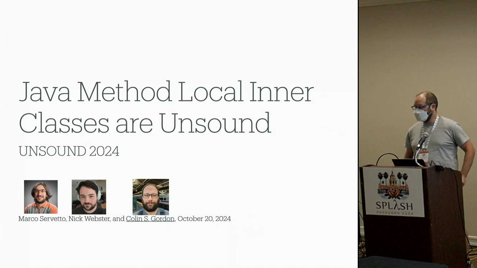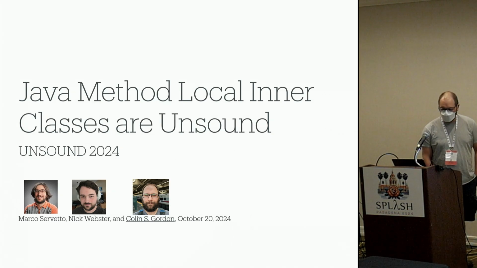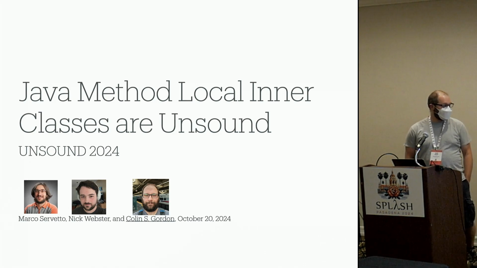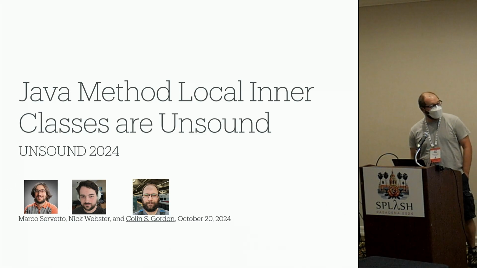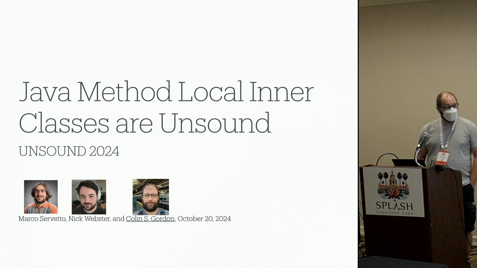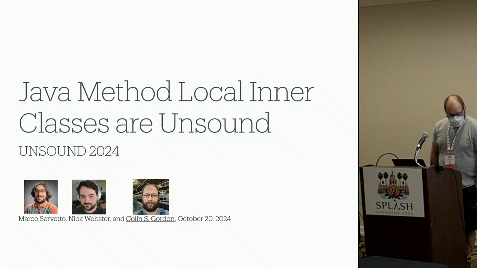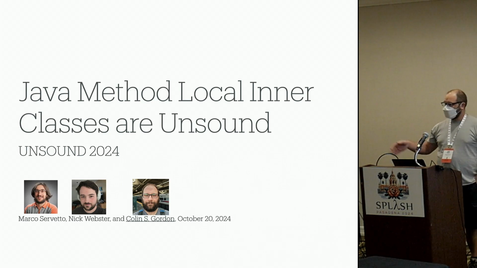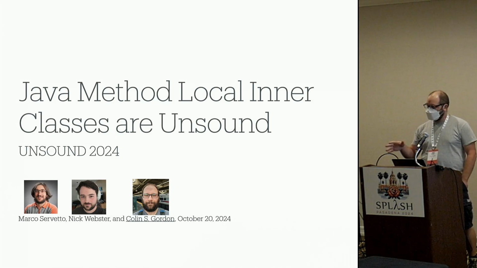So I'm going to talk today about something that we stumbled across in some work I'm doing with Marco and Nick, who are on the slide here but couldn't be here in person today, along with a few other folks. The context for this is basically we are working on an interesting object calculus, which I won't actually talk about today.